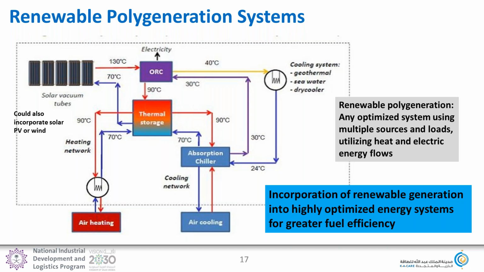Any of those things could be combined. These types of systems are engineered to use these multiple energy flows to get really optimized efficiency. We're aware that there are some systems like that already in Saudi Arabia, and we think there is opportunity for growth in that arena.